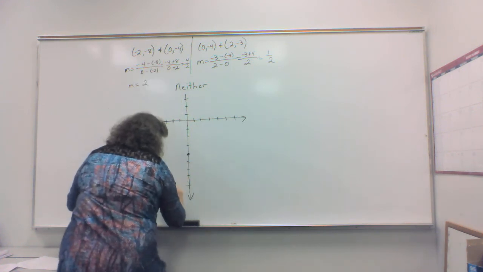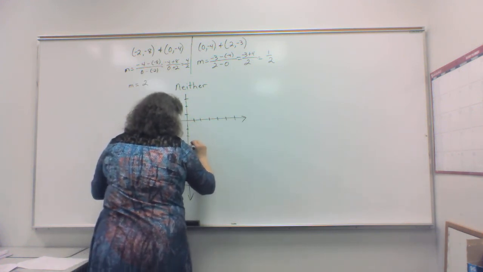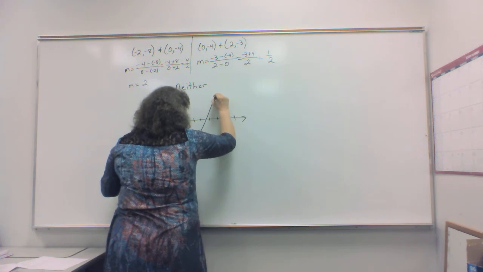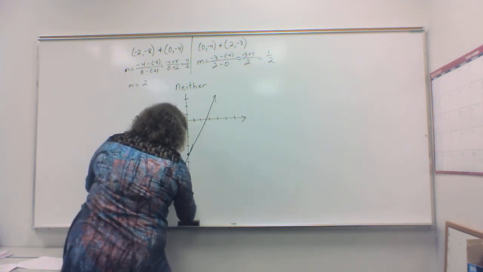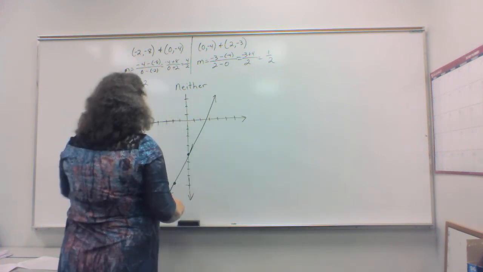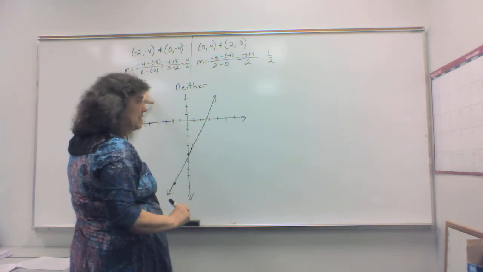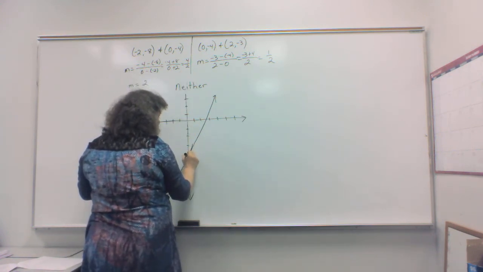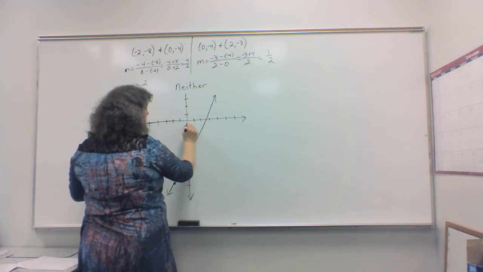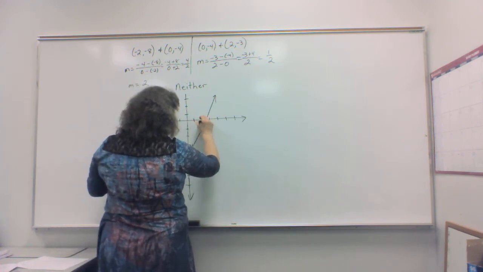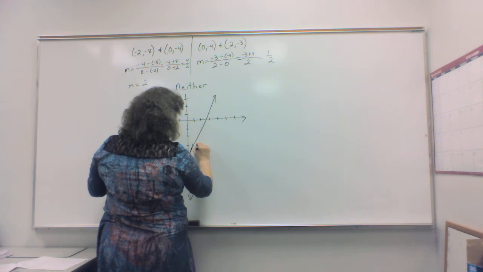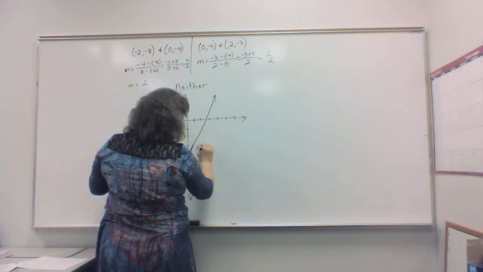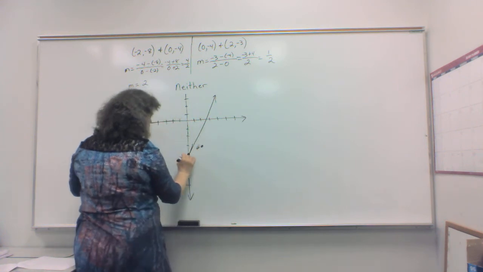There's my other point. Okay, there's one line. And that's a positive slope, just like it said. Okay, now let's look at 0, negative 4. That's my second one. And 2, negative 3. Oops, too close. Move it over a little bit. There we go.